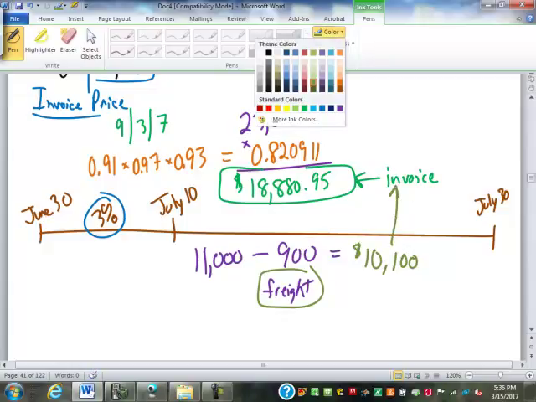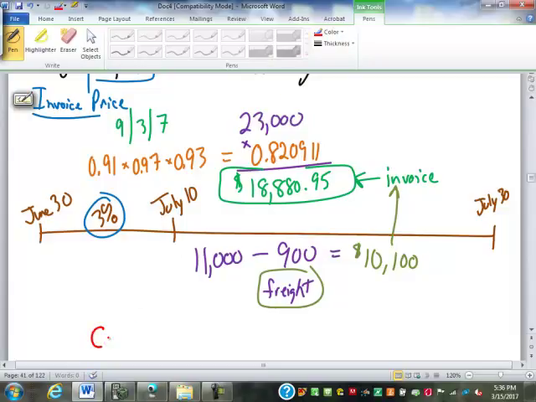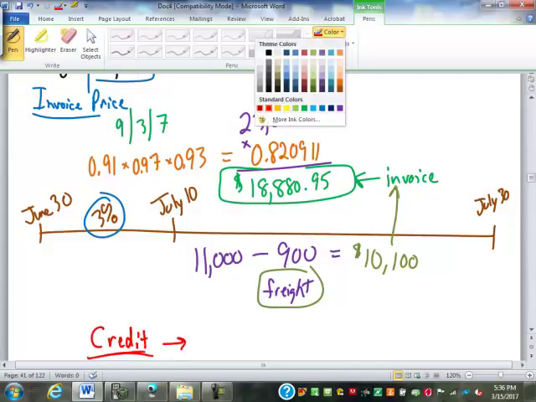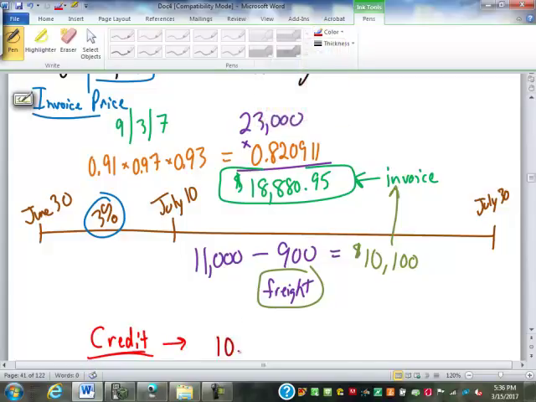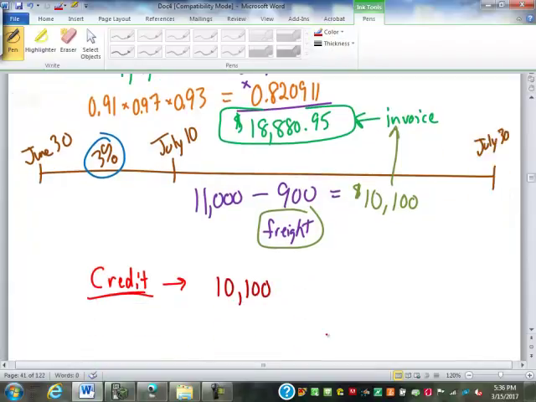But the amount of credit is going to be determined by that $10,100. What are we going to do to it? Careful. Not times, but divide. There we go. 3% means 100 minus 3 is 0.97.